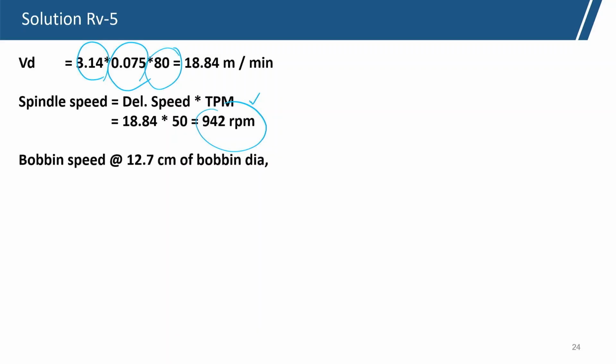Now, we have to calculate the bobbin speed at 12.7 centimeter bobbin diameter. Now, it is easy because we have the delivery speed, we have the spindle speed and the bobbin diameter is given.